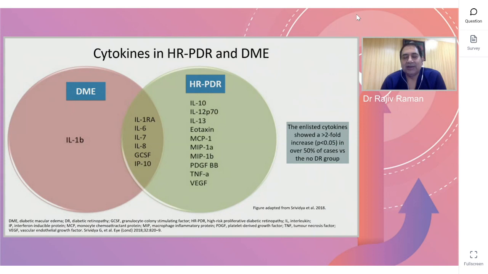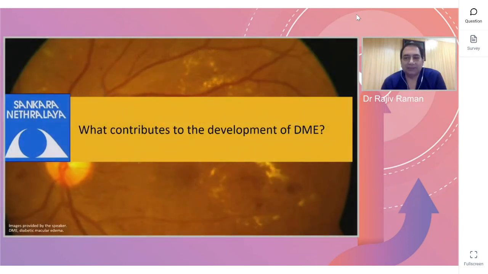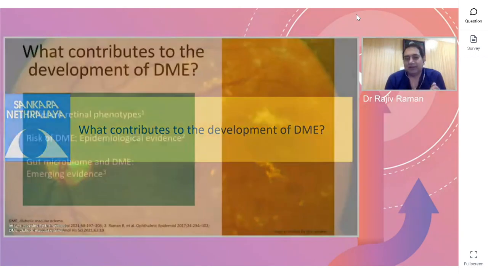And you can see there are a variety of inflammatory mediators which are involved in diabetic macular edema. So, what contributes to development of DME? We saw the morphological or anatomical changes which lead to DME. We also saw that there is increase in the cytokines, both VEGF and non-VEGF mediators, in diabetic macular edema.